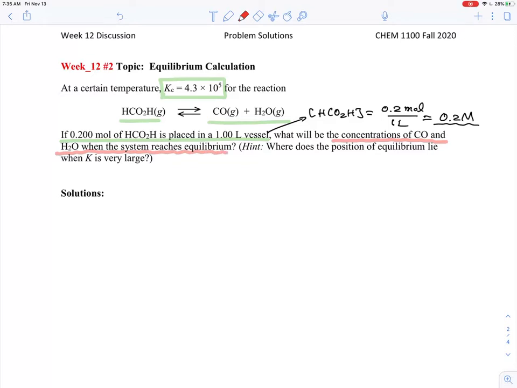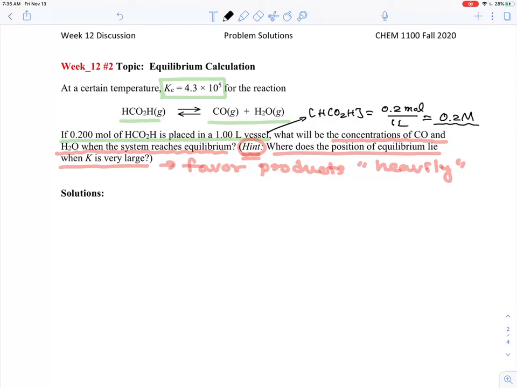And the bigger information is the hint. Where does the position of equilibrium lie when K is very large? Just to answer this hint question, they favor the product, heavily favor the products.